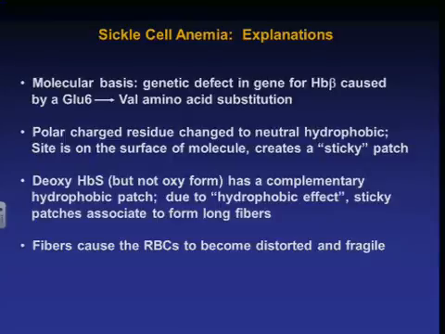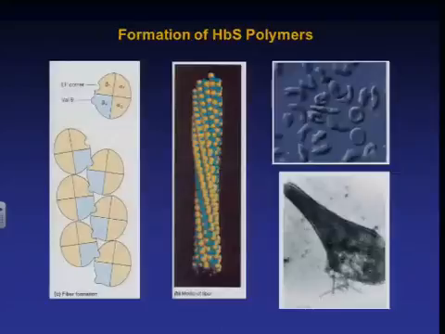And what happens as a consequence is that valine, which is normally interacting with the water and all of that's unfavorable, it's looking for a refuge somewhere. And as a consequence of this mutation, in the deoxyform, you have a little complementary patch that's formed over here.